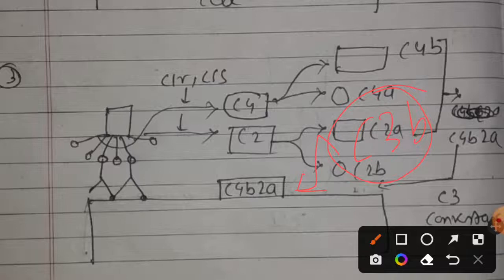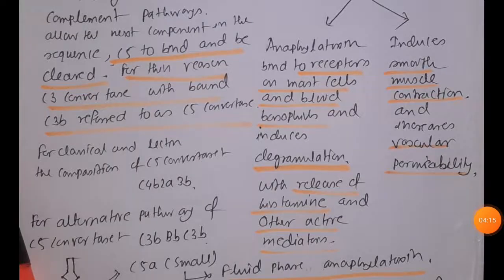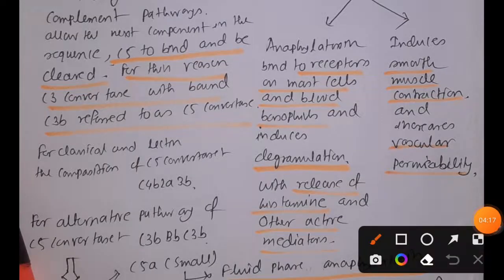That means the new composition will now cleave C5. The composition of the C5 convertase for the classical and lectin pathways is C4b2a3b, and for the alternative pathway the composition of C5 convertase is C3bBb and C3b.